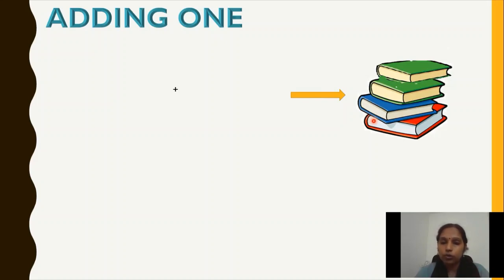We are going to count. 1, 2, 3, 4. So totally how many books we got? 4 books. Initially we had 3 books. You added one more book to it. So we got 4 books. So 3 plus 1 gives you 4.